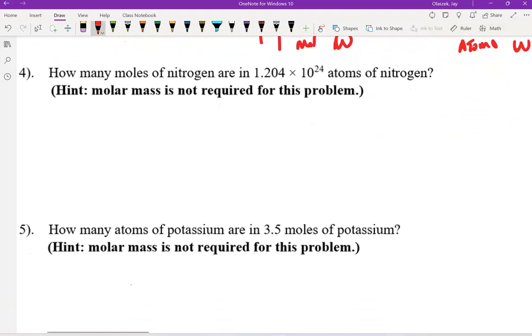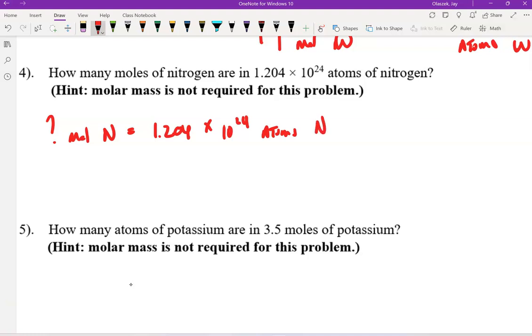All right, let's do the same thing with nitrogen. This one is asking us to go the other way. In this case, it gives us atoms, and it is asking us to find moles. So how many moles of nitrogen would be the equivalent of 1.204 times 10 to the 24th atoms of nitrogen? And so what we're going to do is go from atoms to moles. That means moles of nitrogen is going to go on the top.